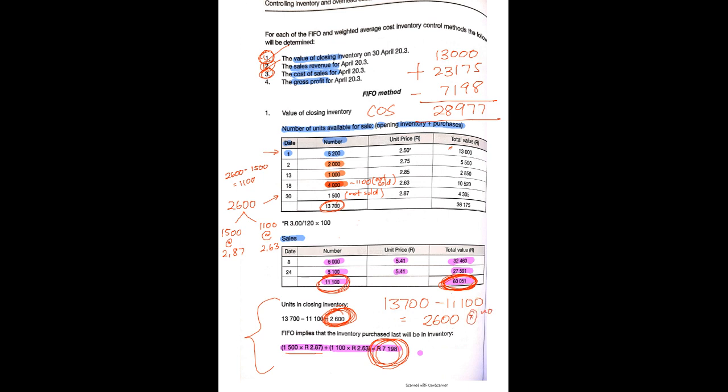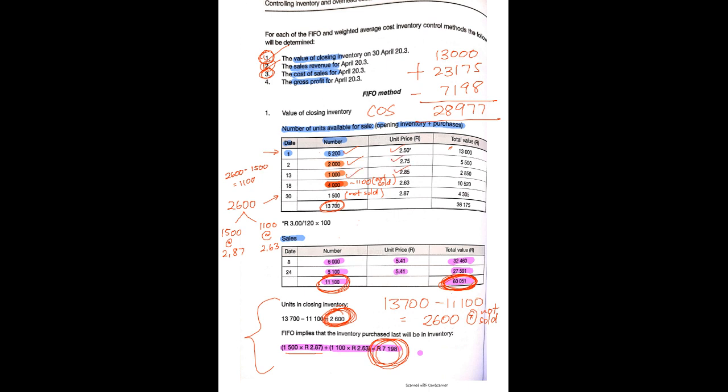That's your value of your closing inventory. So if 2,600 were not sold, that means that everything else here was sold. So 5,200 units at 2 Rand 50 was sold, 2,000 units at 2 Rand 75 was sold, 1,000 units at 2 Rand 85 was sold.